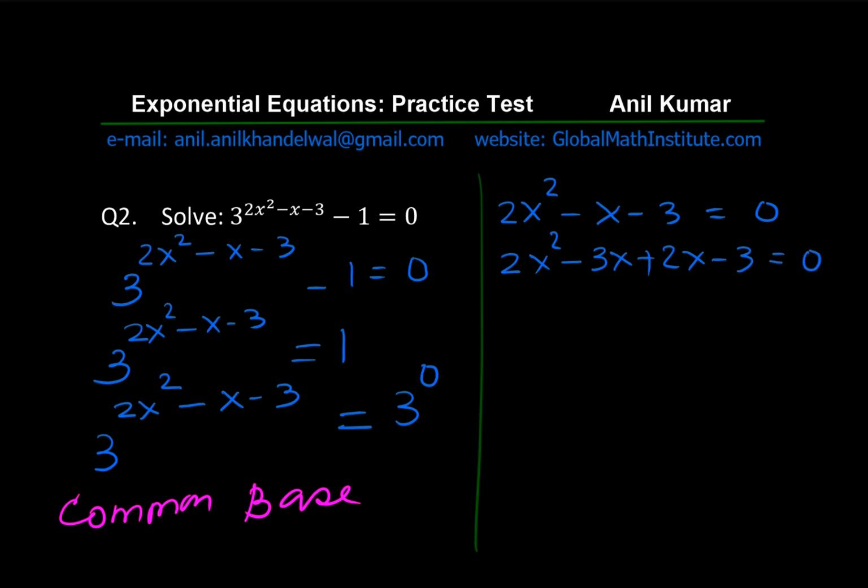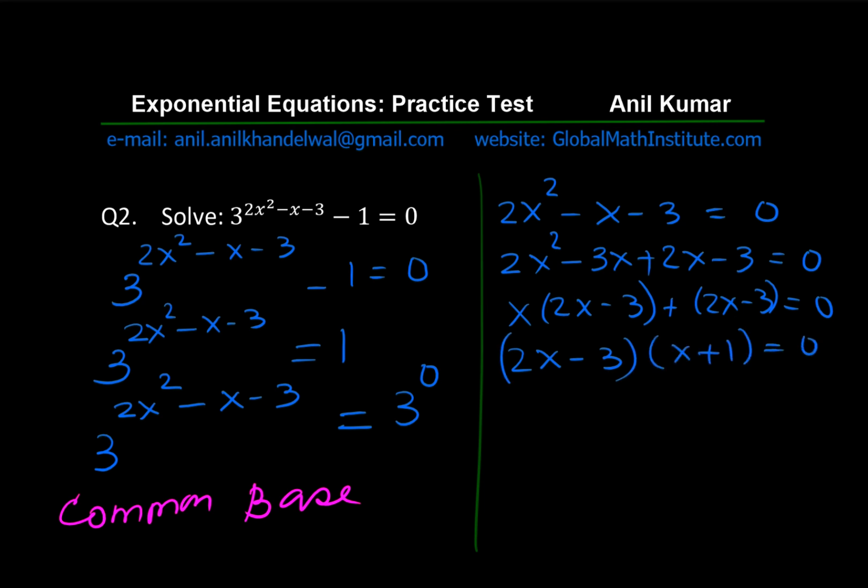So we can take x common here to get x times 2x minus 3 plus 1 times 2x minus 3 equals to 0. And we get 2x minus 3 times x plus 1 equals to 0. That provides you two solutions. One is x equals to 3 over 2, and the other one is x equals to minus 1.